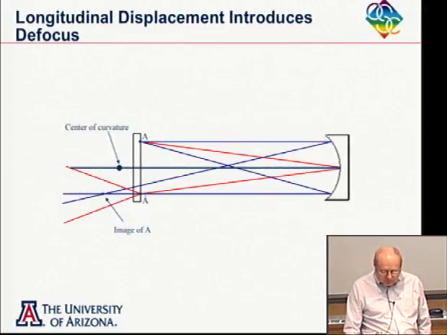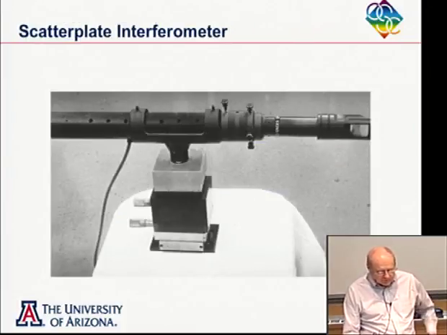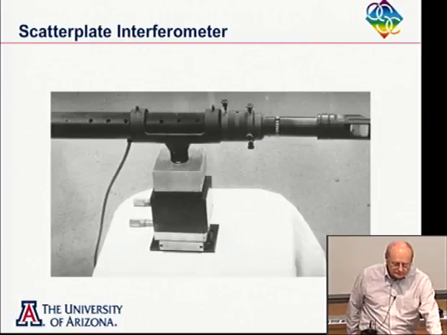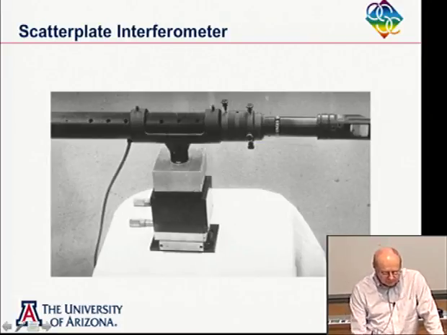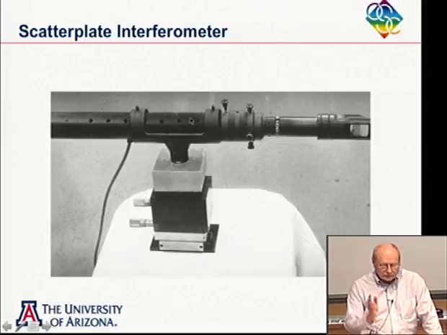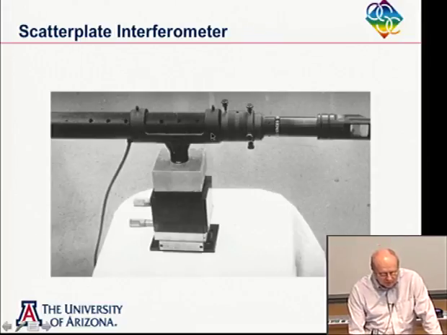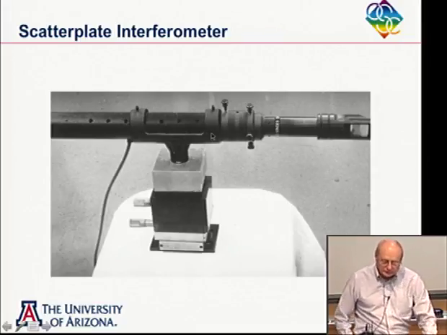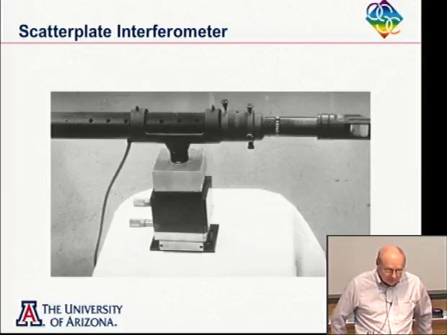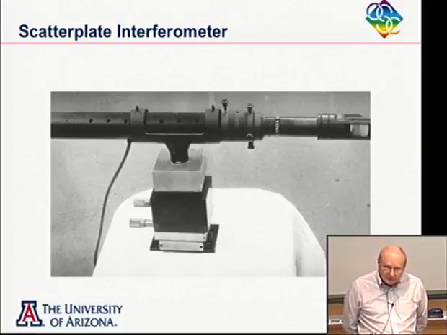So what I want to do now is to show a photograph of a scatterplate interferometer. This is an old one. And I'm not sure who made this one, but I think Roland Shack or one of his students probably made it. The first time I saw a scatterplate interferometer was the very first time I visited Optical Sciences.